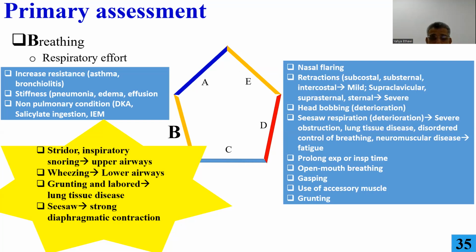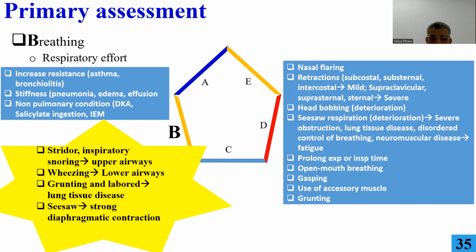Upper airway is surrounded by atmospheric air. Lower airway is below the thoracic inlet. It's surrounded by thoracic negative pressure. Okay, so stridor is upper airway, all the airway above the thoracic inlet, surrounded by atmosphere. Wheezing is an expiratory sound.